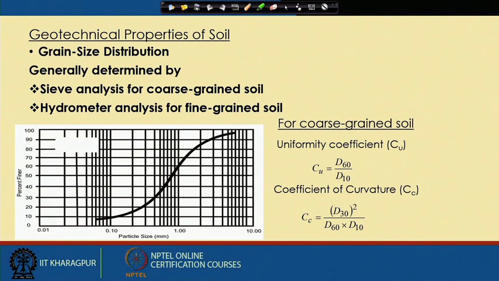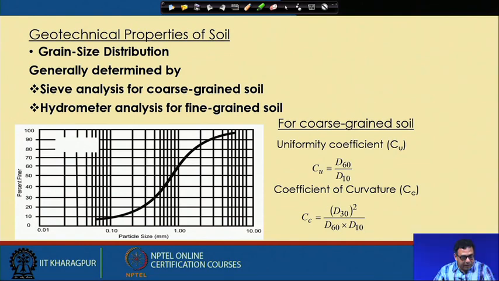This is a typical percent finer versus particle size graph. Remember that particle size is written in millimeter and percent finer is a percentage. The x axis, the particle size axis, is in log scale, so basically it is a semi log graph.